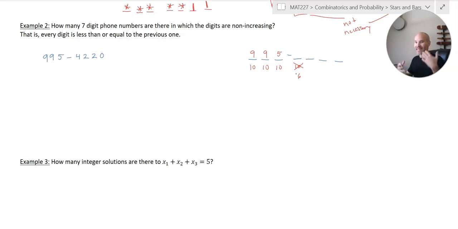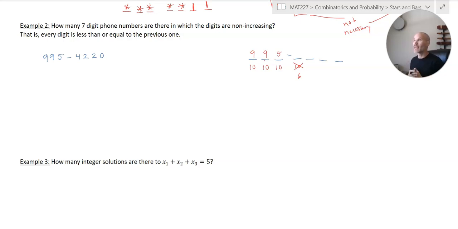But you can already see that keeping track of all of this is going to get very cumbersome. In fact, if the first digit were, say, a 3, well, then there would not even be 10 possibilities for the second digit, and already our plan is falling apart. So this is a very complicated seeming problem, because the number of possibilities for the next digit really are determined by what the previous digit was.